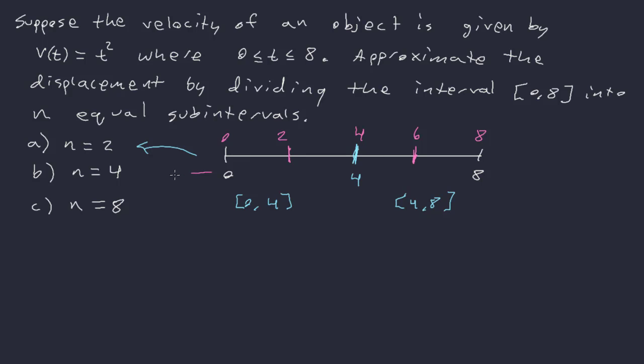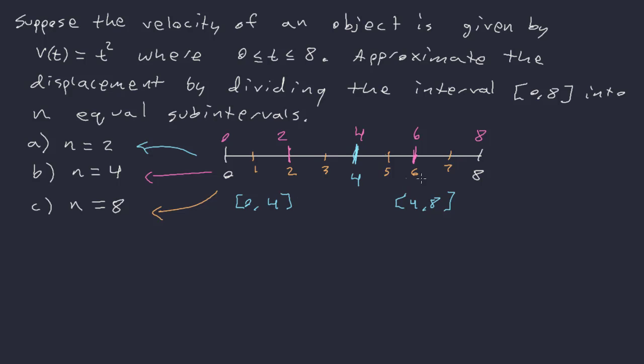All right, so the intervals in pink are what we'll be looking at for the second part. And for the third part, if n is equal to 8, that's going to be 0 to 1, 1 to 2, 2 to 3, 3 to 4, 4 to 5, 5 to 6, 6 to 7, and 7 to 8. So that's what we'll be looking at in the third case.